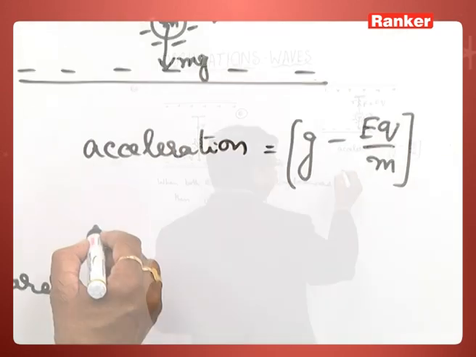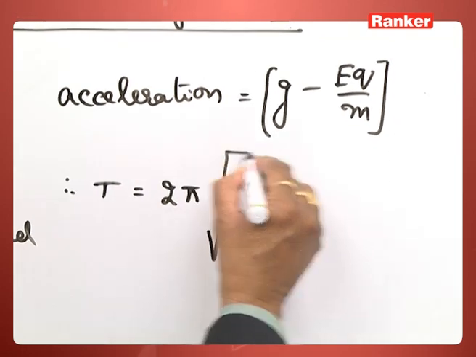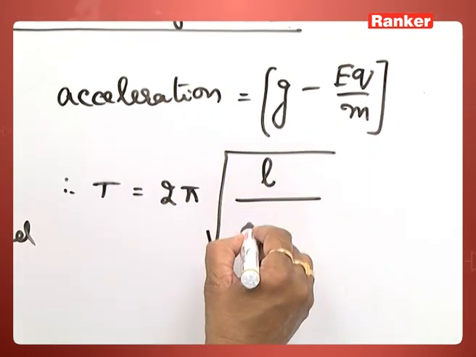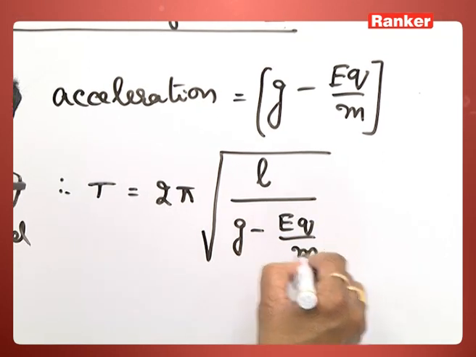So, you will be getting the time period T is equal to 2 pi under root L by g minus EQ by m.